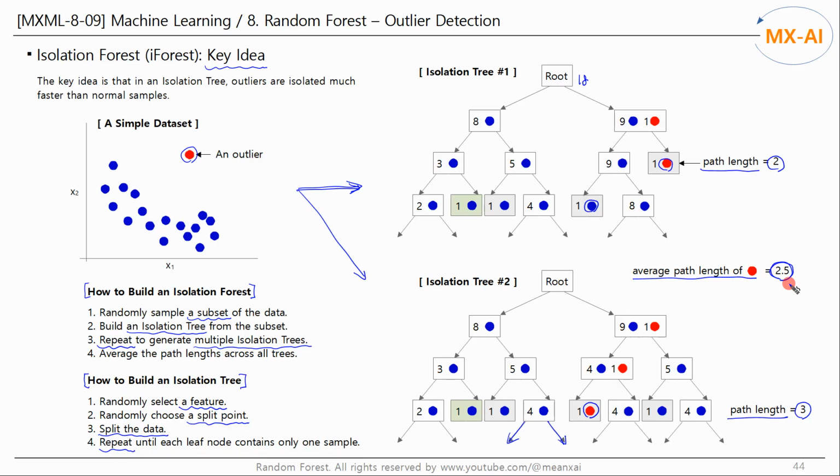This is because the red sample would likely appear deeper in the tree. To account for the effect of the dataset size, the authors normalized the average path length. This allows us to obtain anomaly scores that are independent of the dataset size.